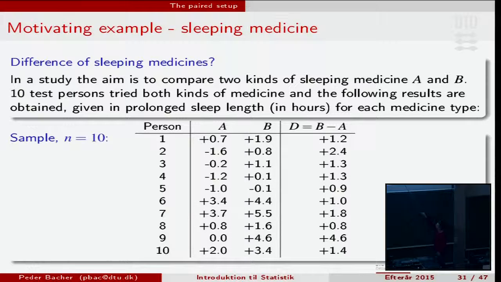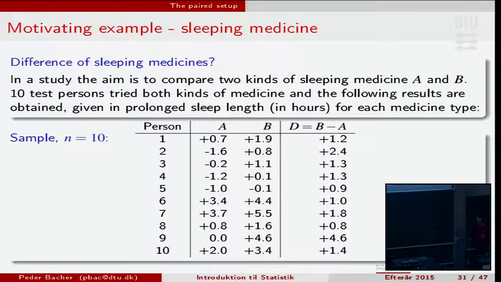However, another way of setting up the experiment would be a paired setup. That would simply mean that we would take the same 10 persons and give them first... This is an example of the sleeping medicine that we used last time, but last time we only tested a single sample, while actually this stems from two samples, which was done in the following way.